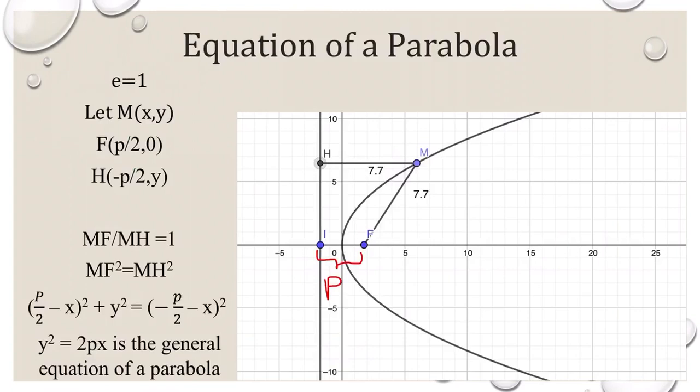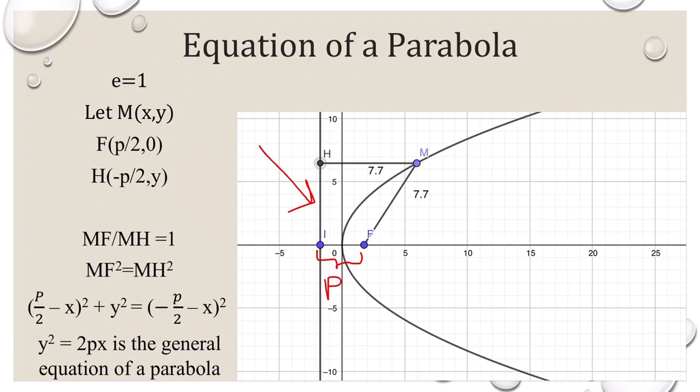Here let's take a point M. This point M belongs to the parabola. This parabola has a focus F, as you can see in the figure. It has a directrix, and this is the directrix.